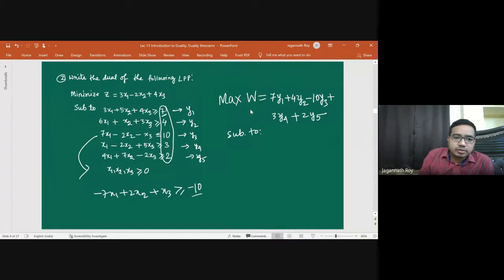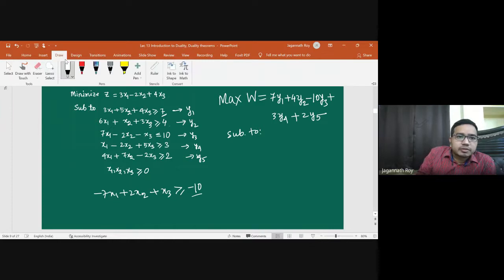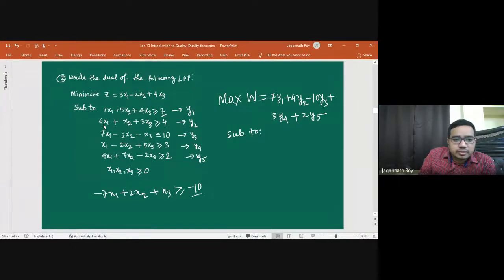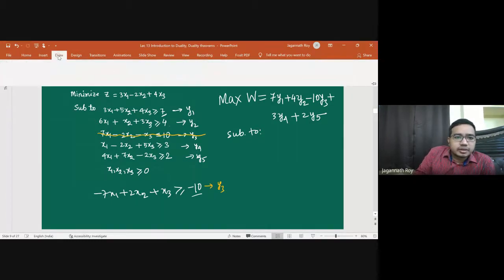Okay, so this is actually changed now. So let me just rewrite it. Okay, the third constraint is this one now. For this one we will write y3.